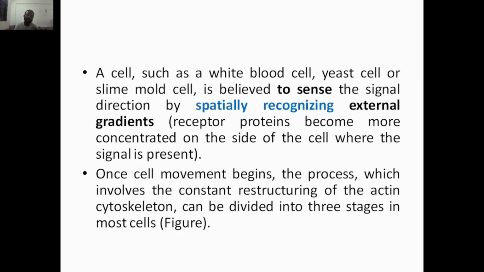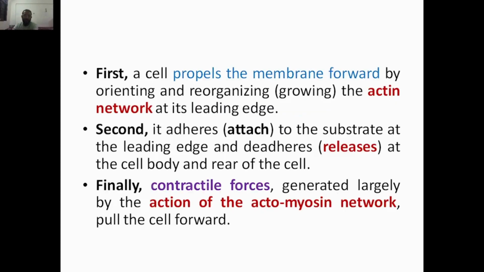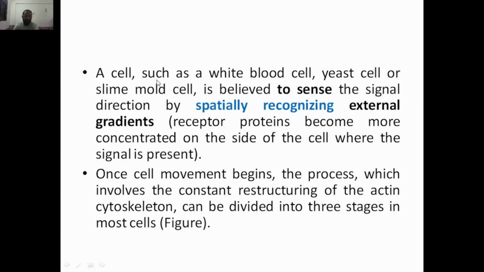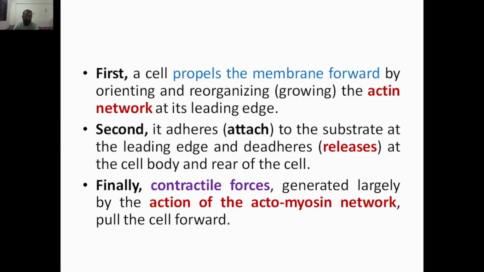Once the cell movement begins, the process involves constant reconstruction of the actin cytoskeleton, which can be divided into 3 stages in most cells. What are those 3 categories where the actin network is involved in movement? First, a cell propels the membrane forward by orienting and reorganizing, in the sense that it is growing the actin network at its leading edge.